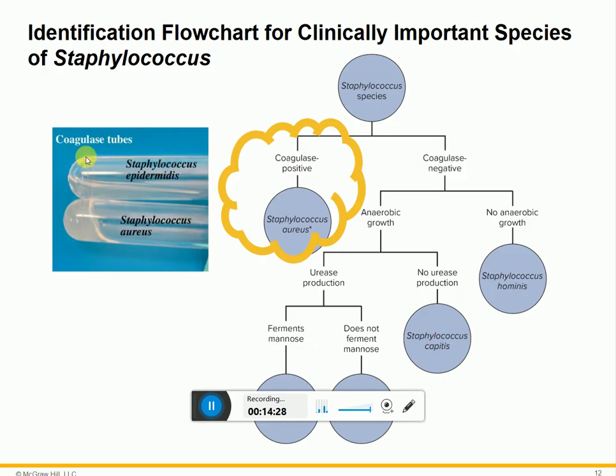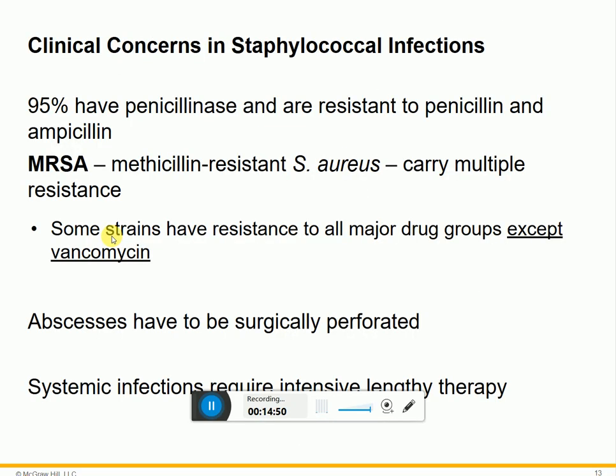And this shows you the coagulase test. On the bottom tube shows that there is coagulation. That thicker white line is coagulase positive for the test, while the absence of that thicker white line on the upper tube is a negative test.